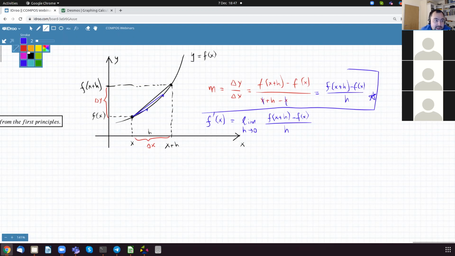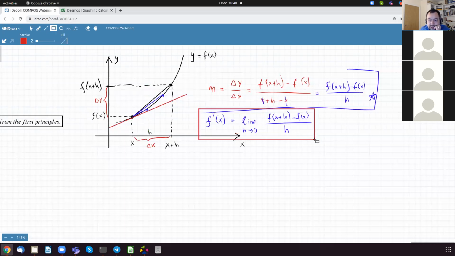The gradient of that line becomes equal to the gradient of the tangent. So what it says here is that the limit of this expression, which is the gradient of the line, tends to the gradient of the tangent at this point. Okay, so this is the definition of the derivative function.